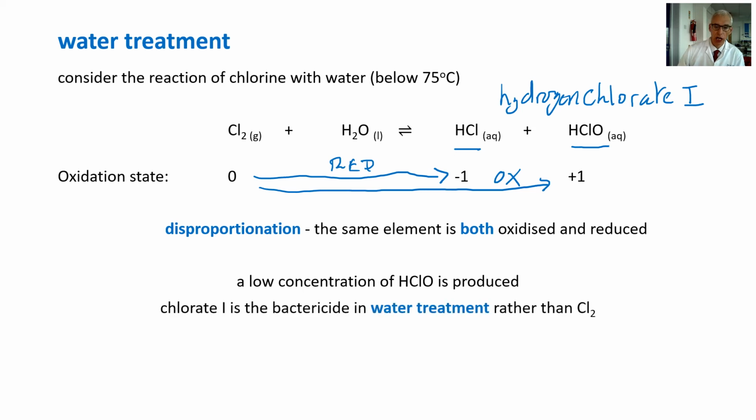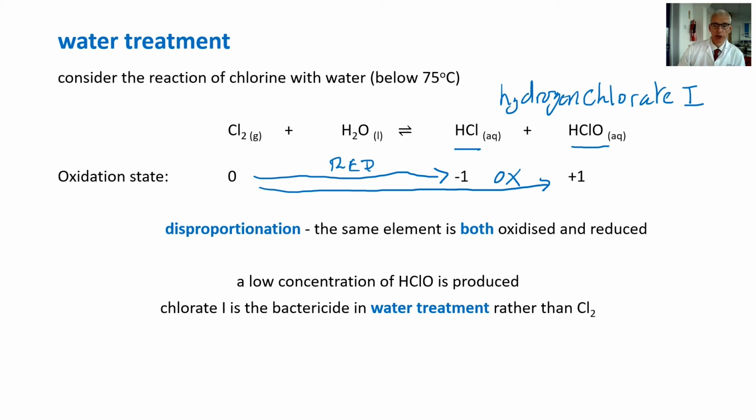However, it is the hydrogen chlorate(I), or the released ion, the chlorate(I) ion, that is the bactericide in water treatment. It is not chlorine Cl2 itself. It is the product of the reaction of chlorine with water, hydrogen chlorate(I), that kills the bacteria.